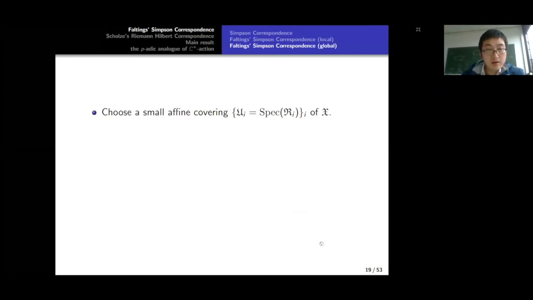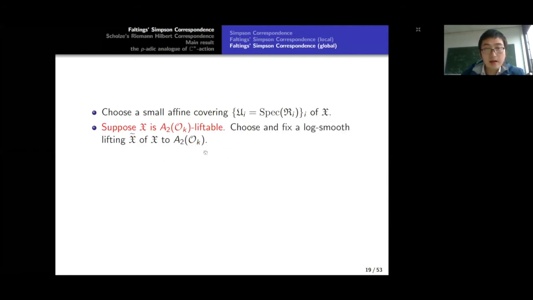Now, given the construction of Faltings' p functor in the global case, firstly, we need to choose a small affine covering of this X. And then we need to assume this X is A2 OK liftable. And then we choose and fix a lifting, this X tilde of X. By log smoothness, we get a log smooth lifting R_i tilde of R_i.